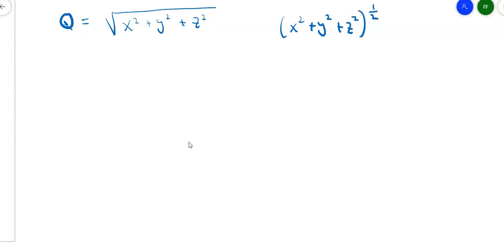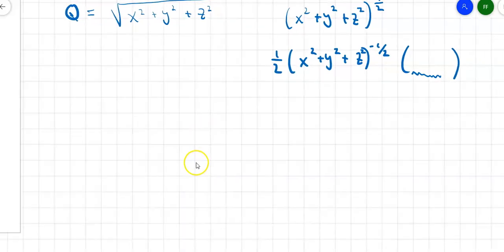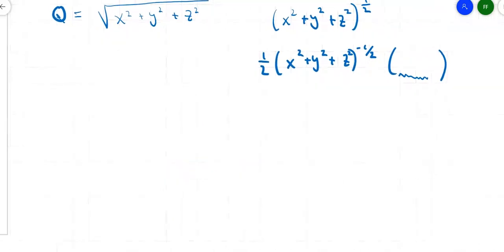So when I go to derive that, I'll get 1/2 times x squared plus y squared plus z squared to the negative 1/2, times the derivative of the inside based on whatever variable I'm deriving with respect to. Meaning that these things are all going to start off with me putting the derivative of the inside over the square root of that whole x squared plus y squared plus z squared. All right, so let's flesh this out here.